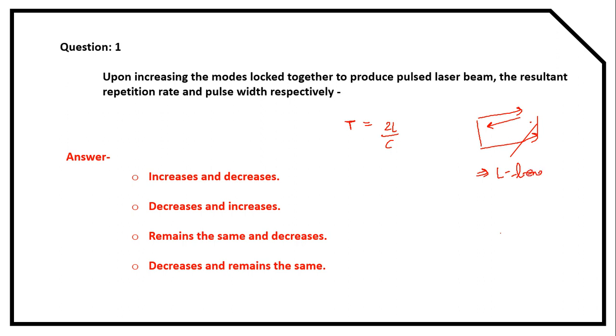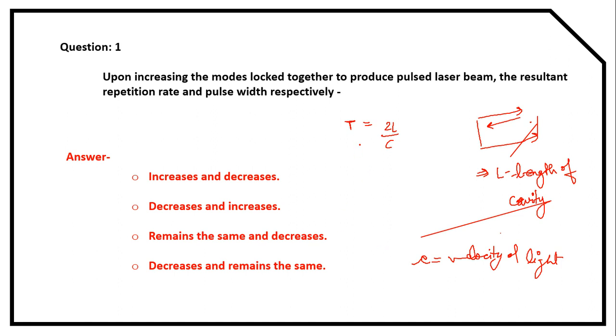L is the length of the cavity. The second thing is C, which is the velocity of light. And the pulse width Tp.